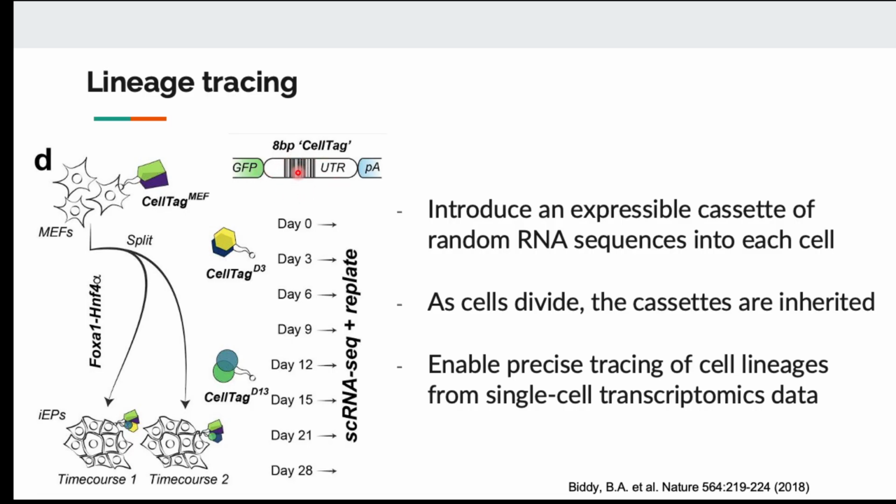This cell tag is going to have an expressible gene, with its own sequence. But it also contains a unique nucleotide tag that will be unique for each cell, because now we are tagging individual cells. So individual cells will get this expression cassette.